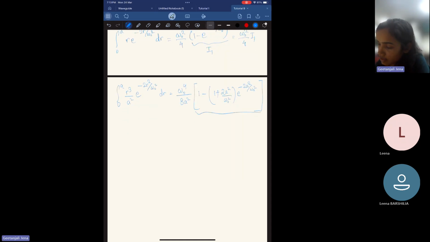Let us call this I2. Let us calculate the values of I1 and I2, because this part is known to us: 2a square by omega 0 square.